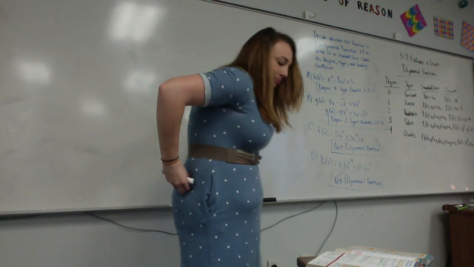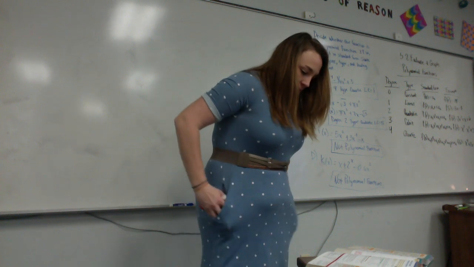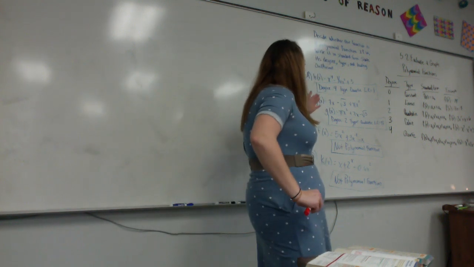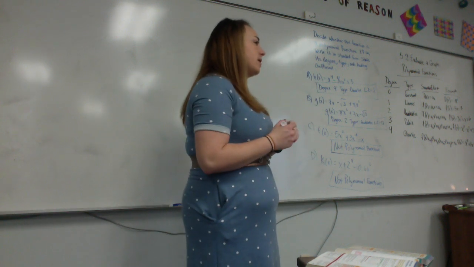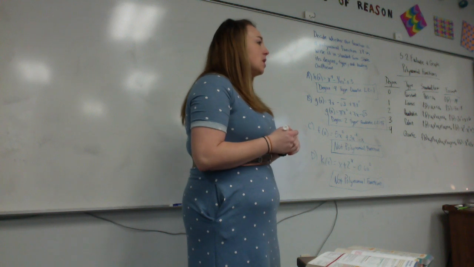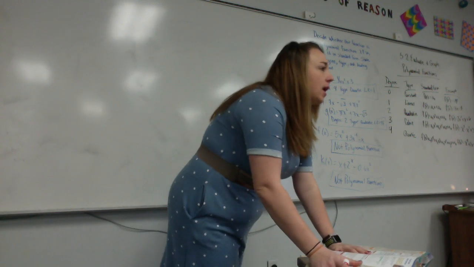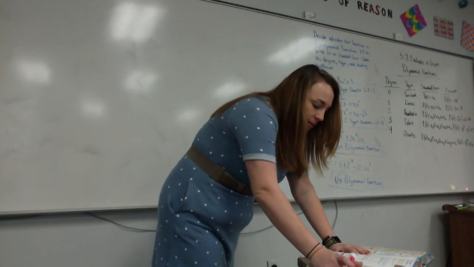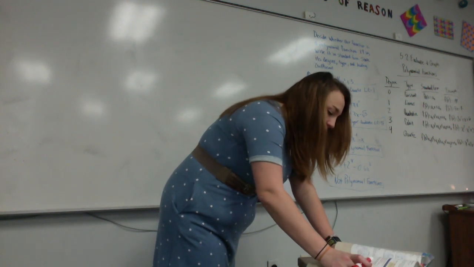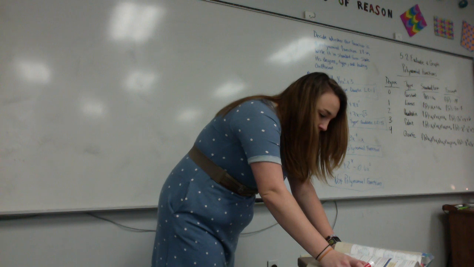So those are the only two that are mainly the ones. For something to be a polynomial function, it has to have a whole number in the power spot. So it can't be a fraction. I can't have a negative exponent because then it turns into a fraction.